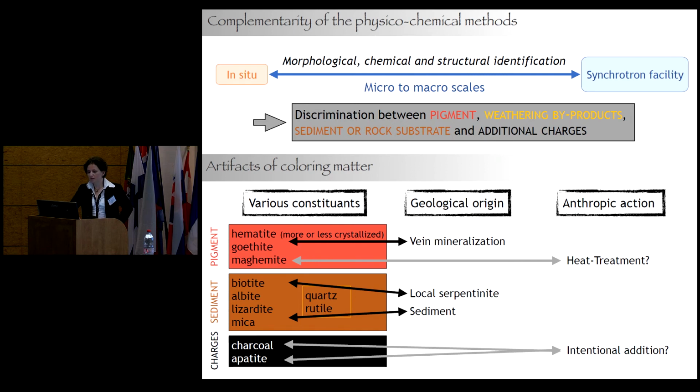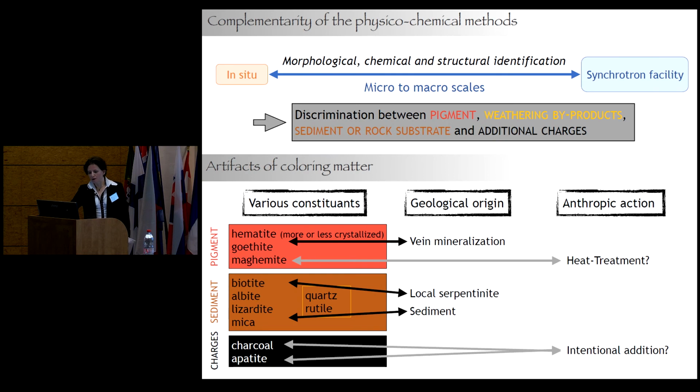So it's really important to cross over at different scales, with morphological, chemical and structural identification, to be able to discriminate the pigment, the alteration byproducts, the sediment for the artifact and the rock substrate for the pigment deposited on the substrate, and eventually the additional charge.